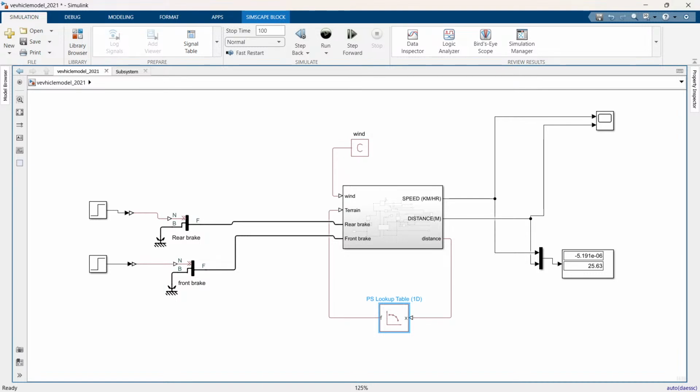We have to connect this lookup table in our simulation model that accepts the terrain data. This connection allows the vehicle model to access that terrain information during the simulation. That is why we have to use this PS lookup table here. What is the purpose of creating this lookup table? We have to define the characteristics of the terrain the vehicle will encounter in the simulation.